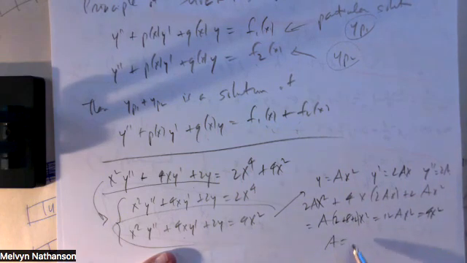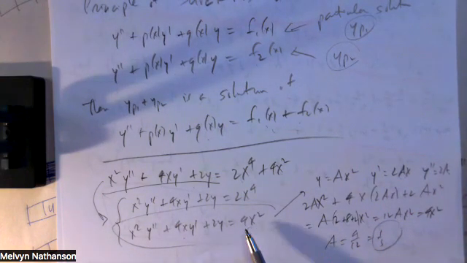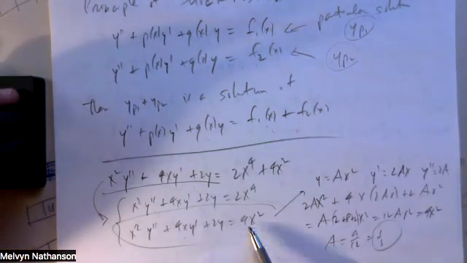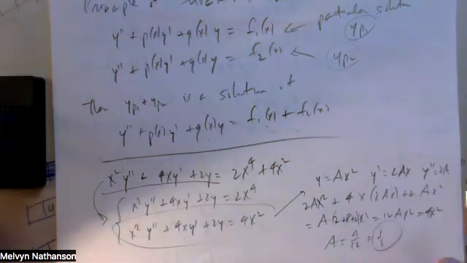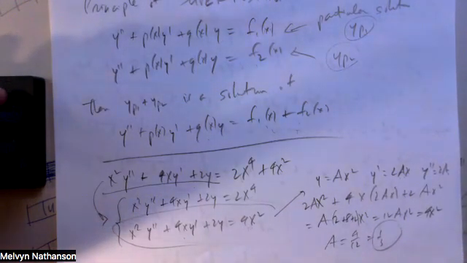So a equals 4 over 12, or a third. That gives me a particular solution of this non-homogeneous equation, and I can similarly find a particular solution of this, and then I just add them together. Right? That's the principle of superposition. Okay.